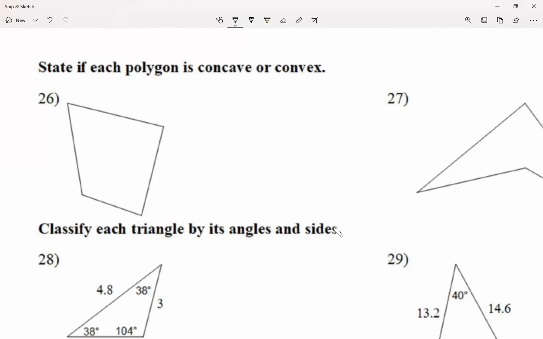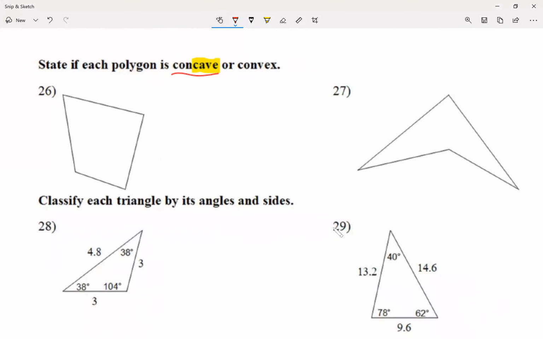So concave, let me emphasize the word cave. So concave, it's a polygon that has a hole in it. So question number 27, you guys see there's a hole in it, a dent in it.